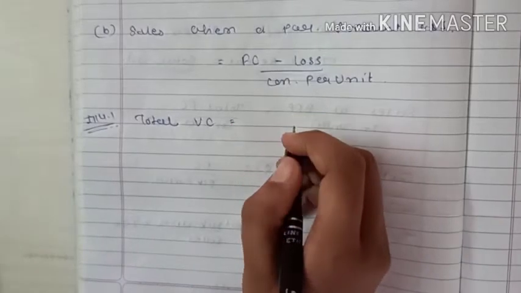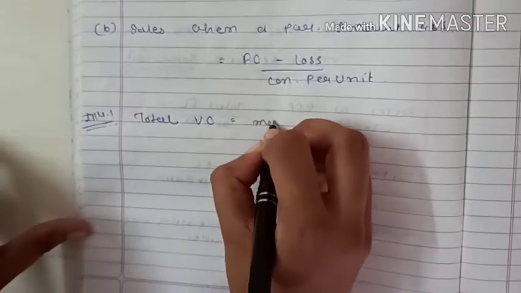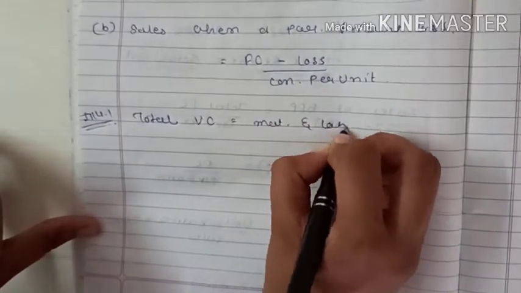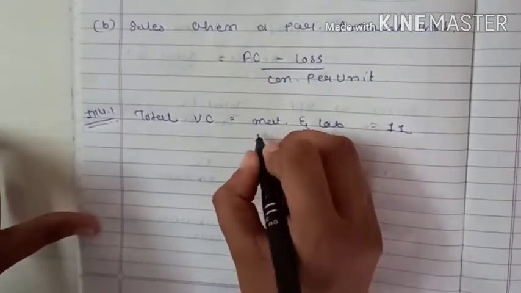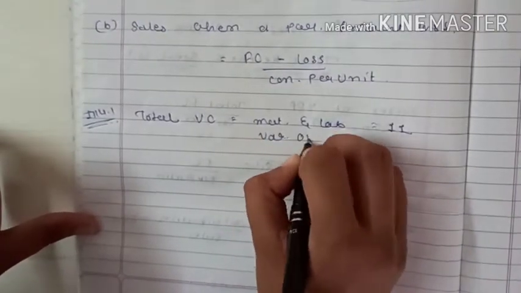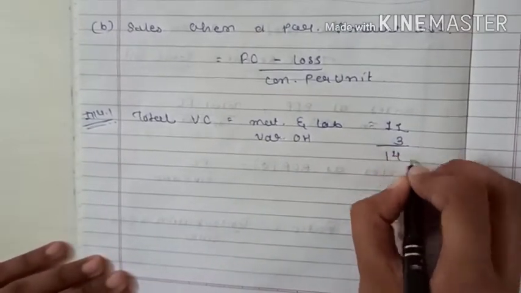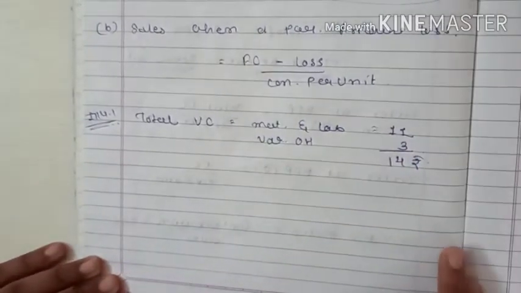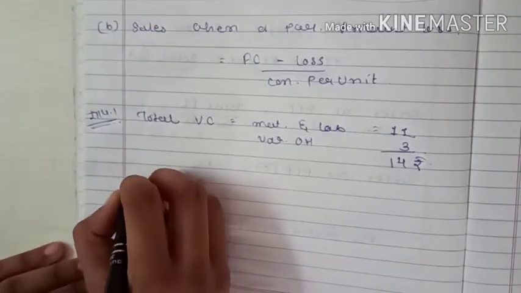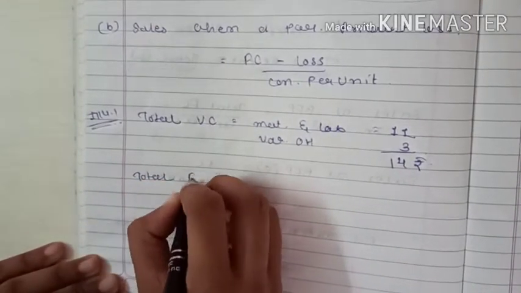So material and labor are also variable cost. Yes, material and labor 11 rupees. Then variable overhead 3 rupees. So total variable cost is 14 rupees. Right? Now total fixed cost.